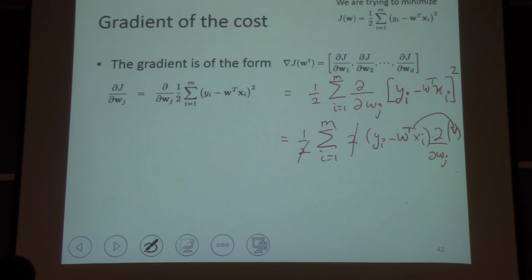So all we need to do is find the derivative of this thing. But W transpose Xi is simply the sum of all the terms.